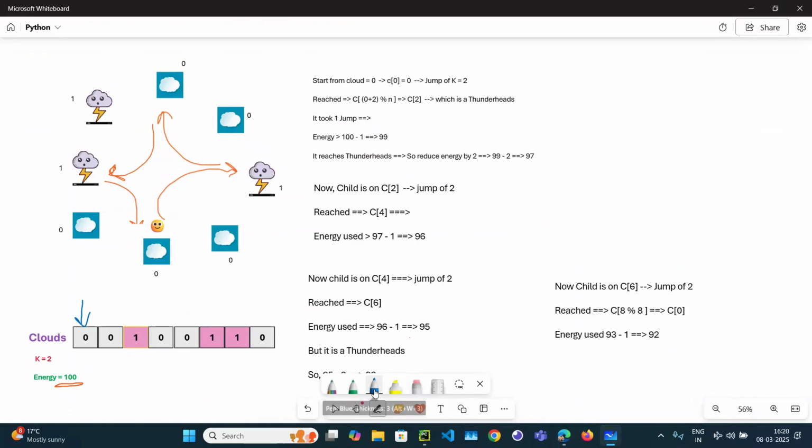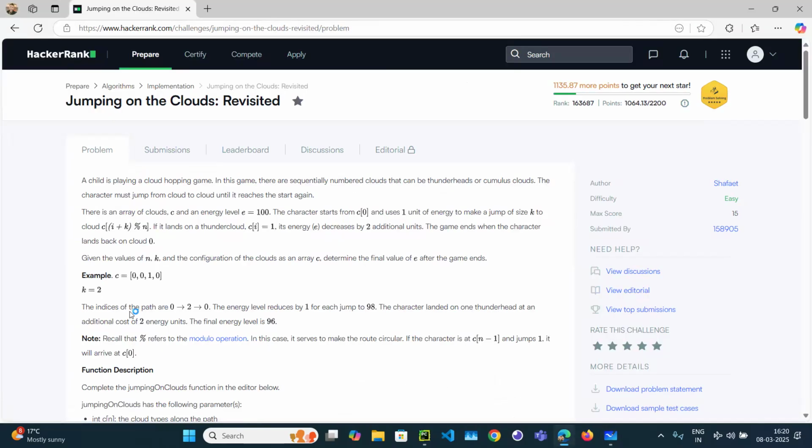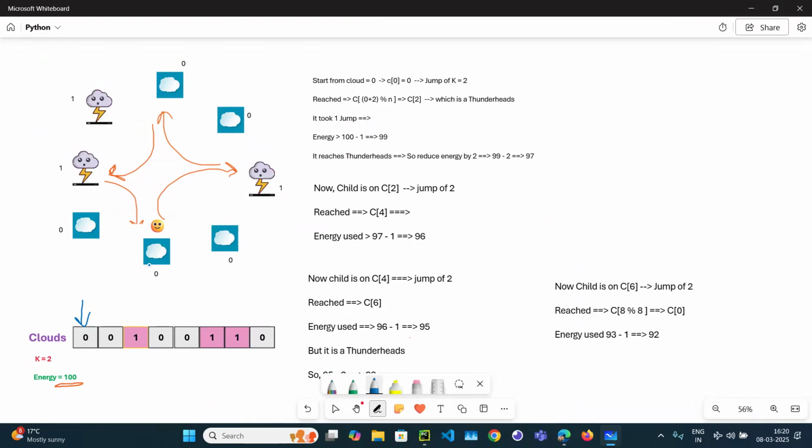So basically what was happening is, indexes 0, 2, 4, and the clouds numbered 1 to 8.